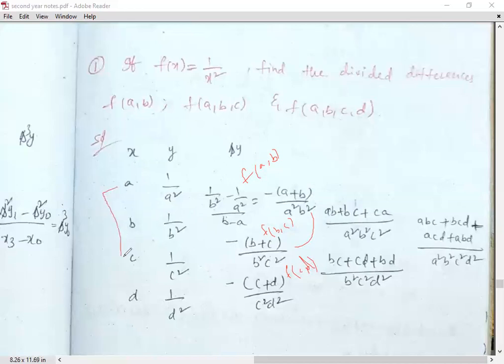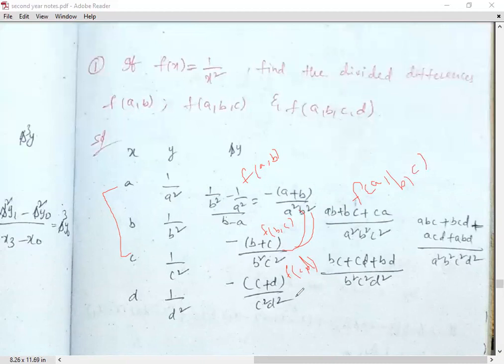So we take the difference of a comma c, nothing but c minus a. So successive minus preceding by c minus a. After the simplification, we get the value ab plus bc plus ca by a square b square c square. This corresponds to the interval a to c, that means a b c. So we should write it as f of a b c.